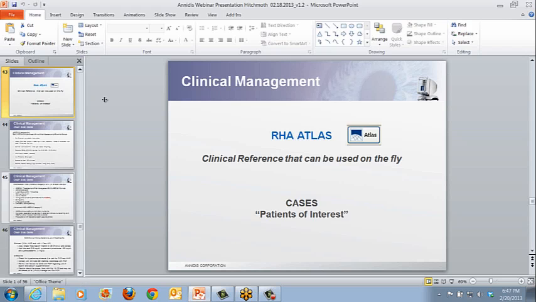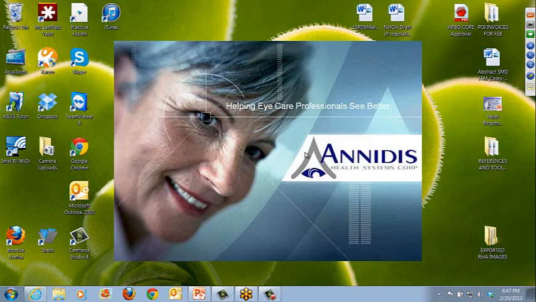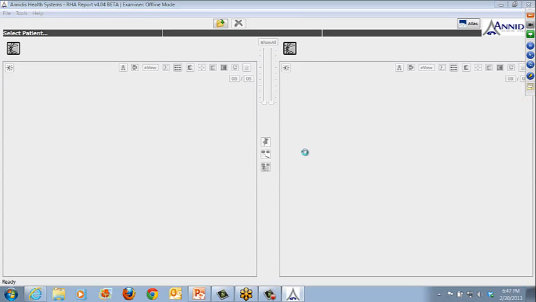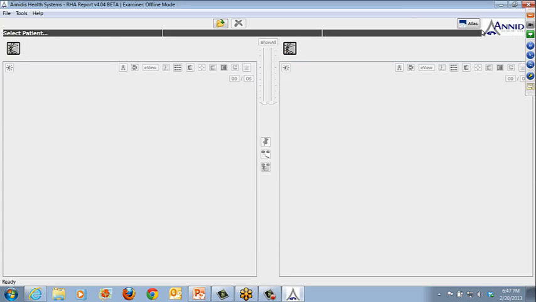So I'm going to briefly pause the PowerPoint presentation, and I'm going to present everyone with a new feature in the RHA report that I think all of you will like very much. And that's called the RHA Atlas. Can you see my arrow here on the screen? Yes. Okay, great.